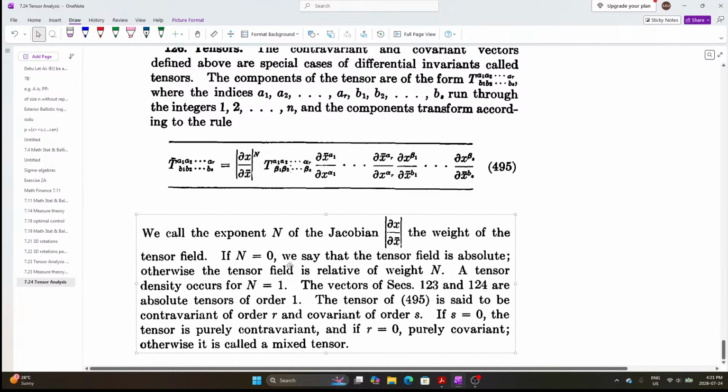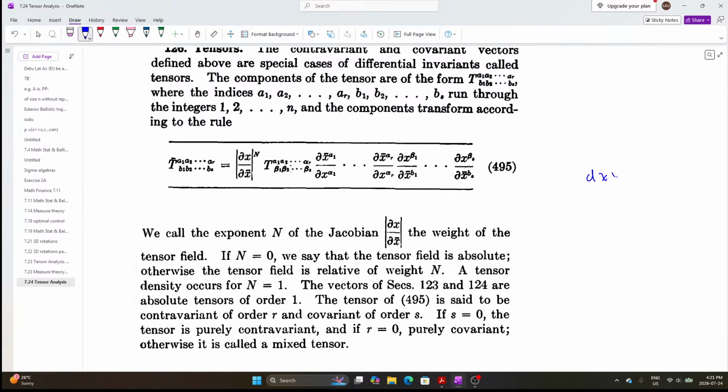Remember, from multivariable calculus, the change of variable formula includes a determinant factor. So if you remember from calculus, the dx dy, the area element in Cartesian is what? So the area element in Cartesian looks like this, dx dy.